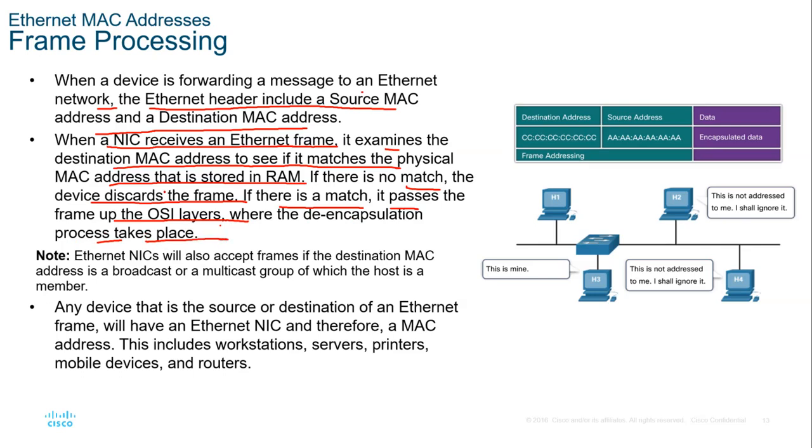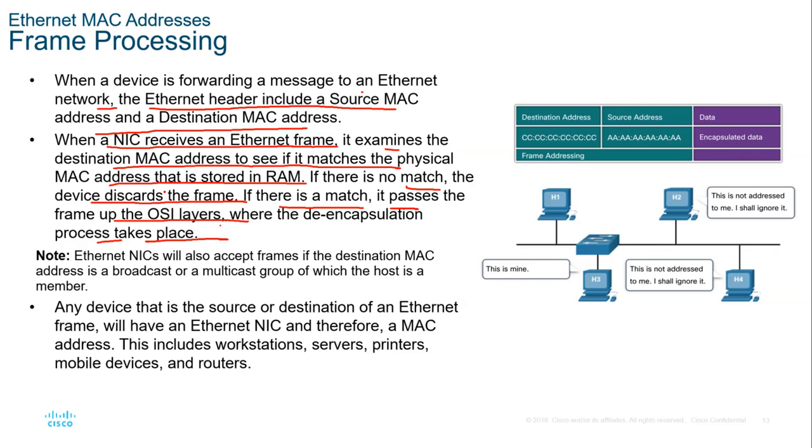Remember that once a destination receives a frame, the frame contains the source and destination MAC addresses. So the receiver will have to compare the destination MAC address with the MAC address that is assigned to that very physical network interface card.